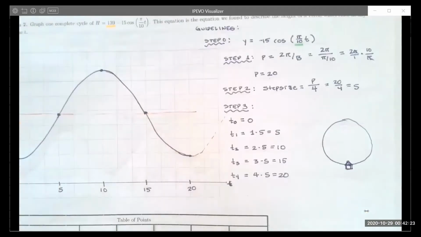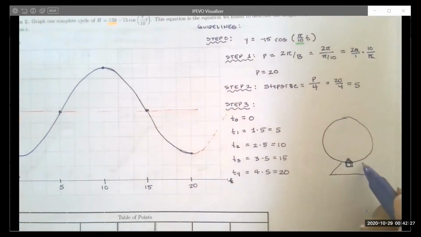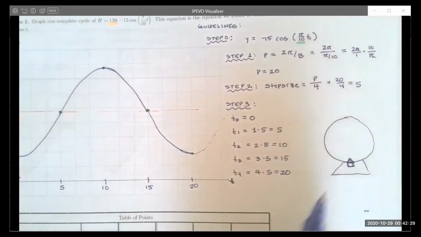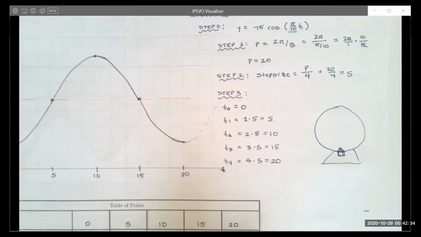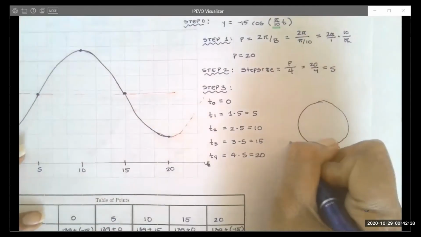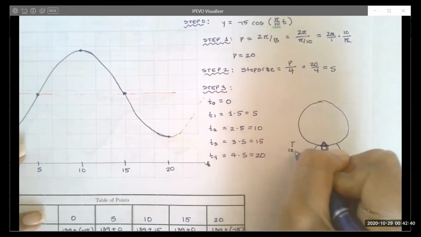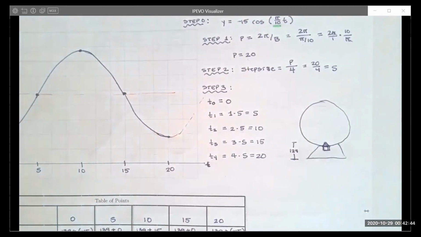And so they're saying that at time 0, when you board it down here, you're at a height of 124. I'm gonna guess this is probably inches. Okay, 124 inches. So maybe you're about 10 feet off the ground when you board.